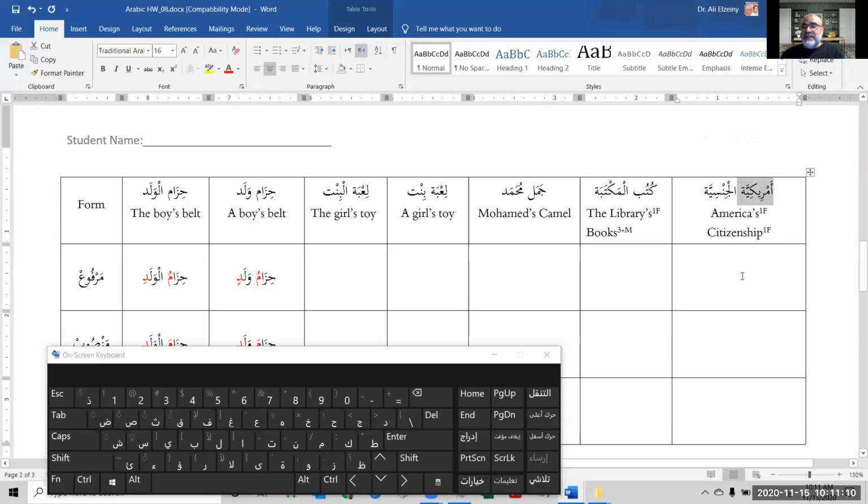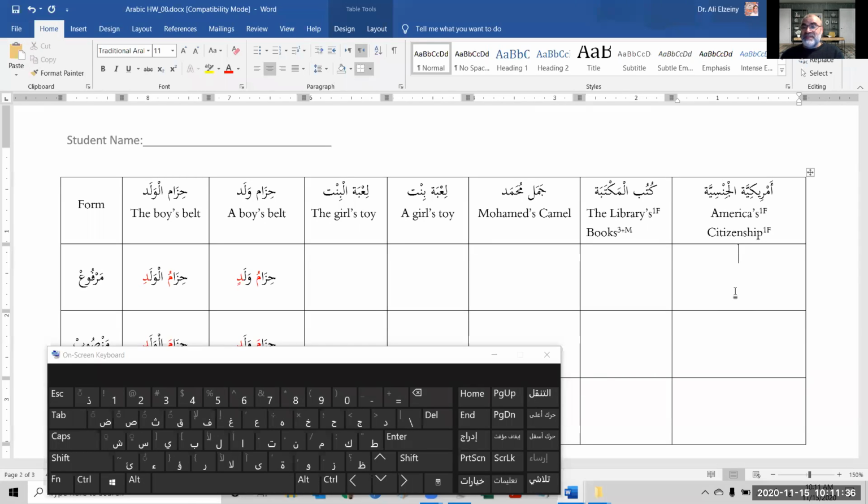American in Arabic is أمريكية, and citizenship is الجنسية. So when we say أمريكية الجنسية, you might ask why I picked this particular example. Because this noun أمريكية is sarf forbidden.